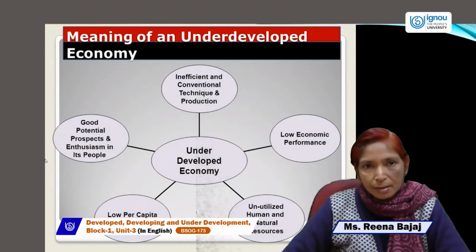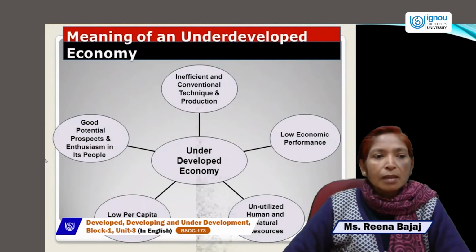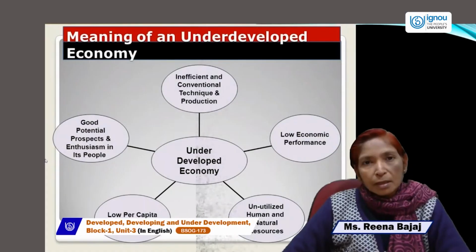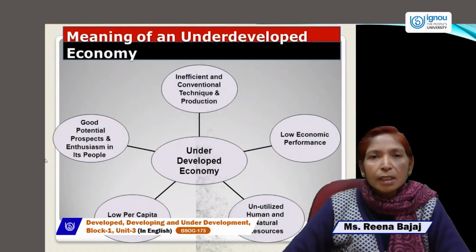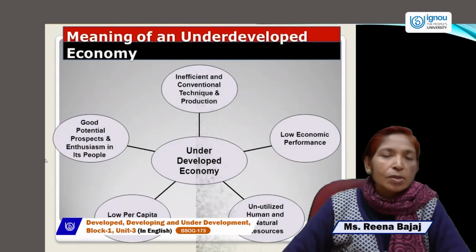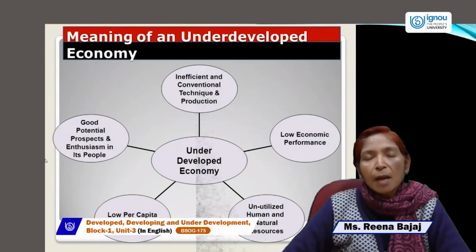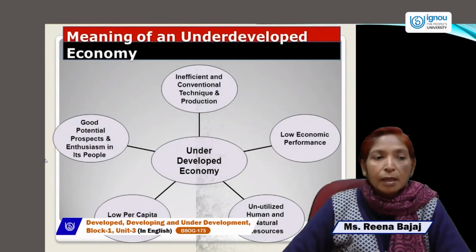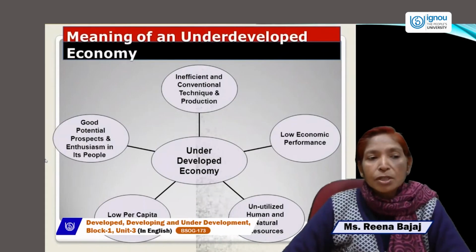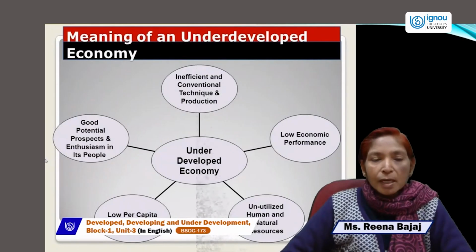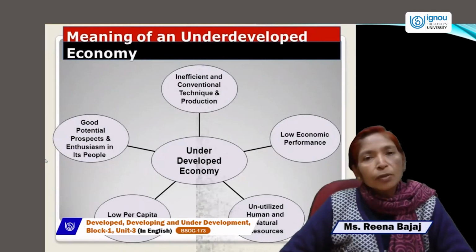Next, in these economies there are good potential prospects and enthusiasm in its people, but they are not fully used because resources are underutilized due to lack of capital formation. The country's people have good potential and enthusiasm, but how can their enthusiasm and potential be fully utilized?